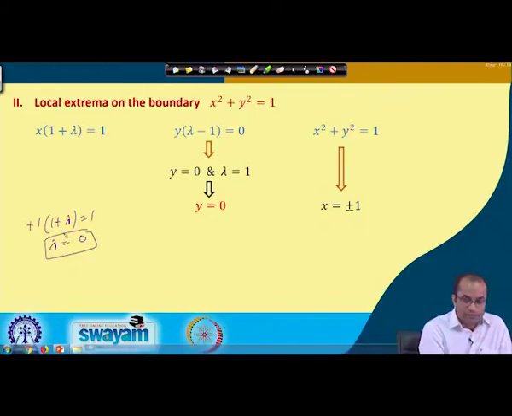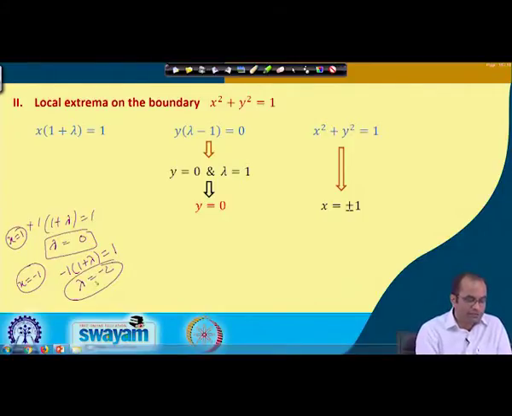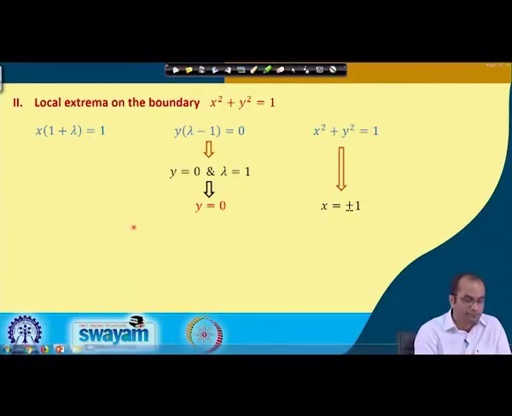will be 0 in that case, when x is equal to 1. And if we have x is equal to minus 1, in that case we have minus 1 times 1 plus lambda is equal to 1. So, this lambda will be minus 2 in this case. So, from this first equation we have lambda is equal to 0 and lambda is equal to minus 2.